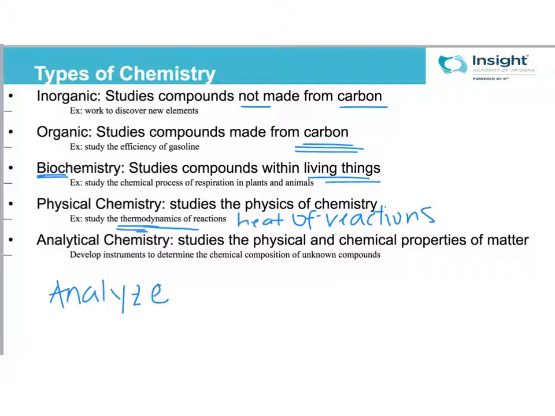Alright, so analytical chemists might come up with instruments that help us determine unknown substances. So how can we analyze what is here to figure out what's in it. Alright, so definitely if you haven't gotten this written down, pause the video, add this to your worksheet, and then we're going to practice some identification.